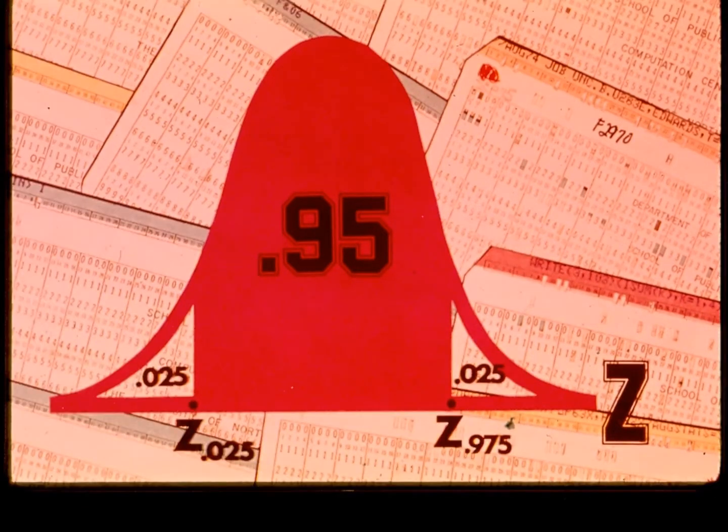Since the area to the left of the lower point is 0.025, this corresponds to the 2.5 percentile of z. To get the probability value of z for the upper percent point, add 0.025 to 0.95 and get 0.975, which corresponds to z sub 0.975.